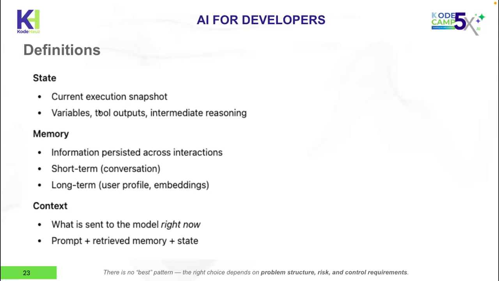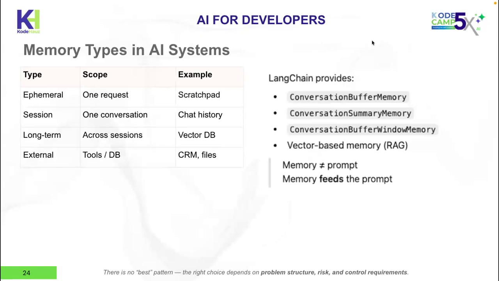So all of this will be stacked into prompts that are then sent as part of the context. So this context is now the total sum of everything. In AI systems, the memory types that we talk about, we have what we call the ephemeral memory, right?